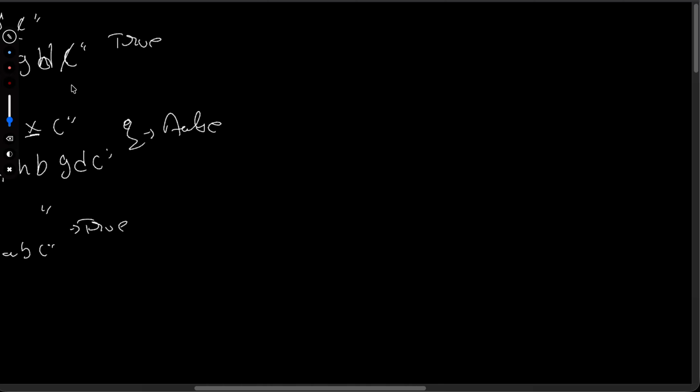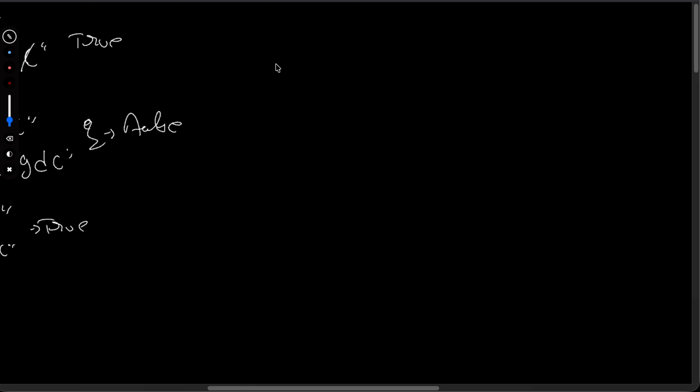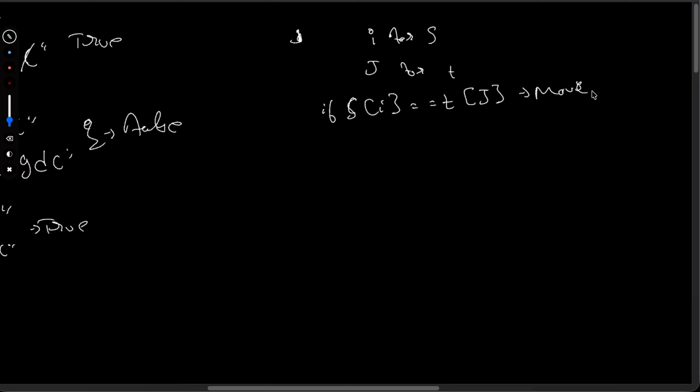We start with two pointers, i for s and j for t. While both pointers are inside their strings, if s of i is equal to t of j, we move i.